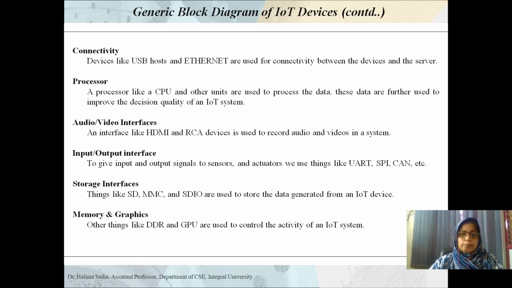For input output interface we have UART, SPI, CAN, I2C. For storage interfaces we have SD, MMC and SDIO, used to store the data generated from an IoT device. And for memory and graphics we have DDR and GPU, which is the graphical processing unit, to provide the graphics related functionality to the IoT system.